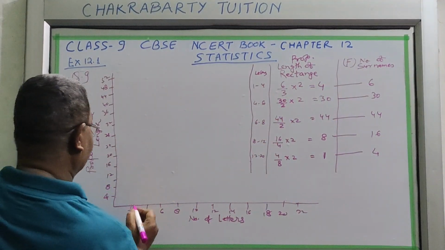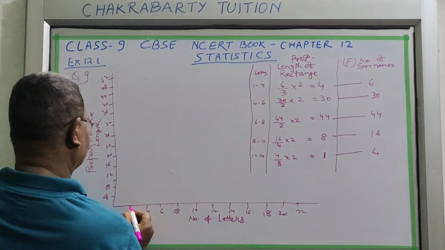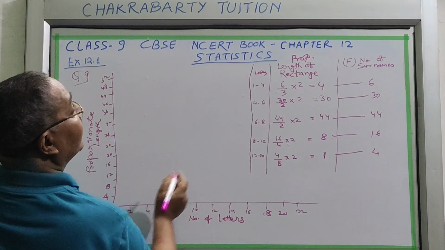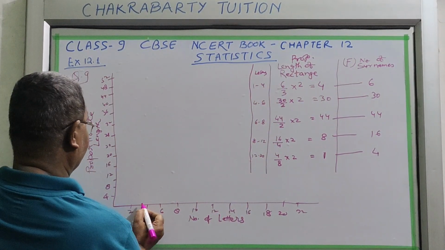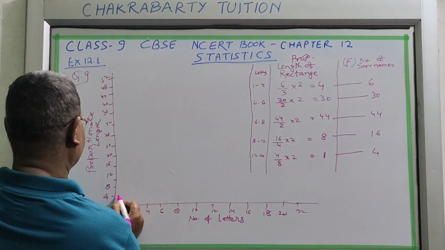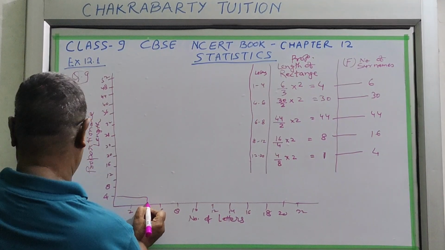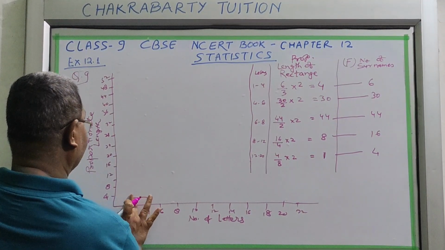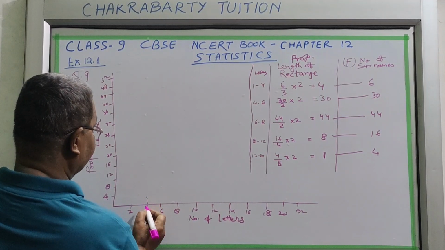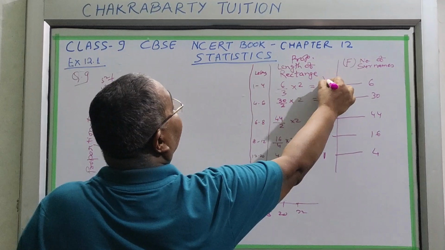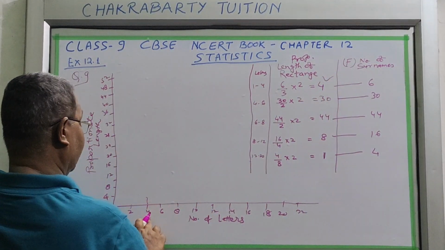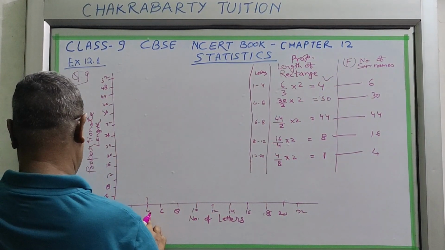The length of the rectangle will go up to 4. For 1 to 4 it comes up to here. So from here we start, we take 4, 4 is coming.